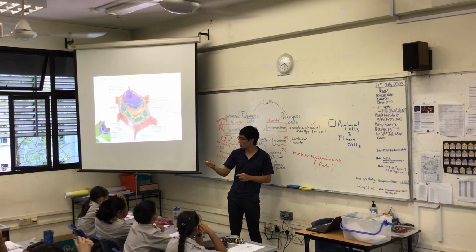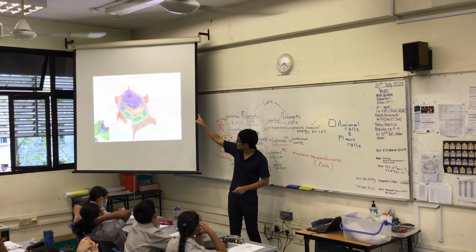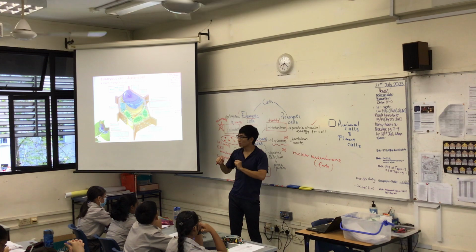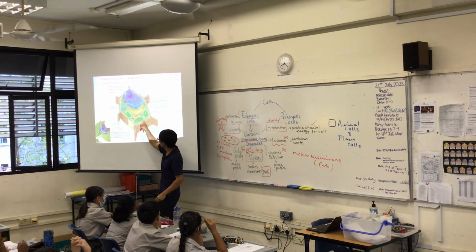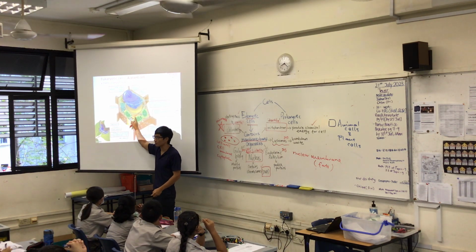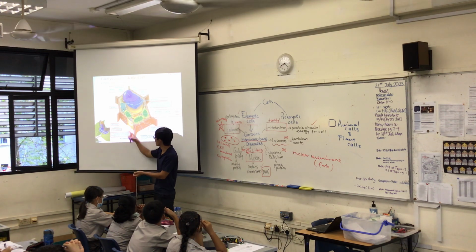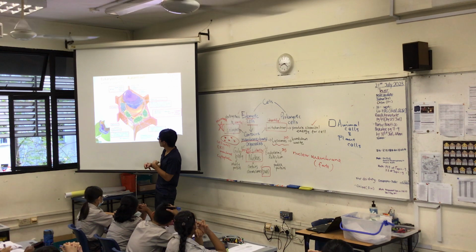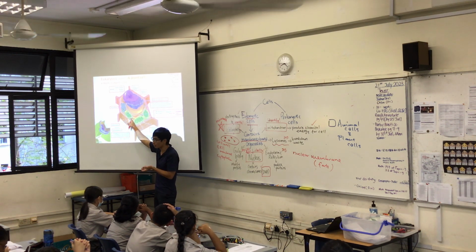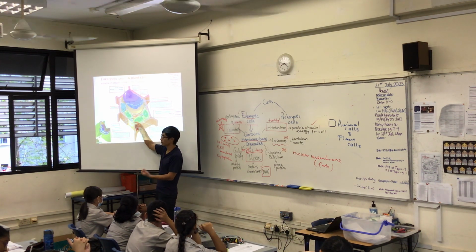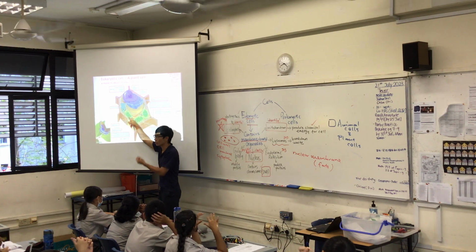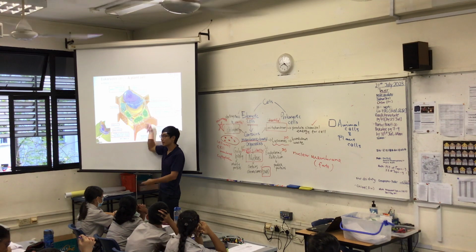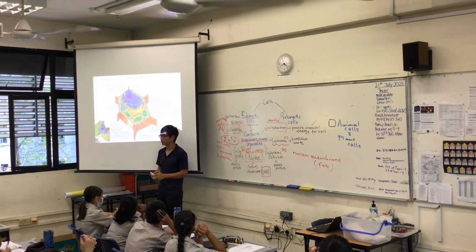So my answer to you is that the membrane used to make the vacuole is of the same material as the cell membrane. The membrane used to make the chloroplast and the mitochondria is also the same material used to make the cell membrane. It's just that we refer it differently. So I could say the mitochondrial membrane, the chloroplast membrane, the nuclear membrane, the vacuole membrane, and then the biggest membrane of them all, the cell membrane. They're actually all made up of fats. Xavier?